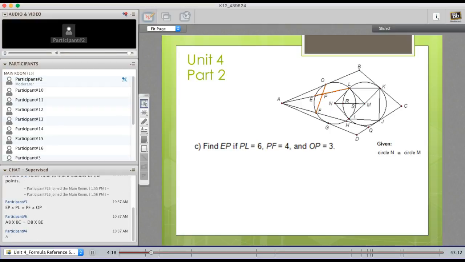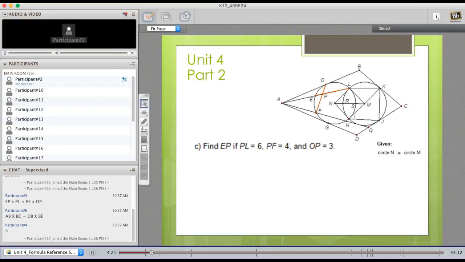Good. Yep. So we had the formula that said if you have two chords, so that's what we know about EL and OF, that they are chords. Remember, chords are just segments where the endpoints are on the edge of the circle. If you have chords that cross each other, then the pieces of the chords, so note how Ben said EP times PL, right here where they cross, that chord EL gets broken into two segments.